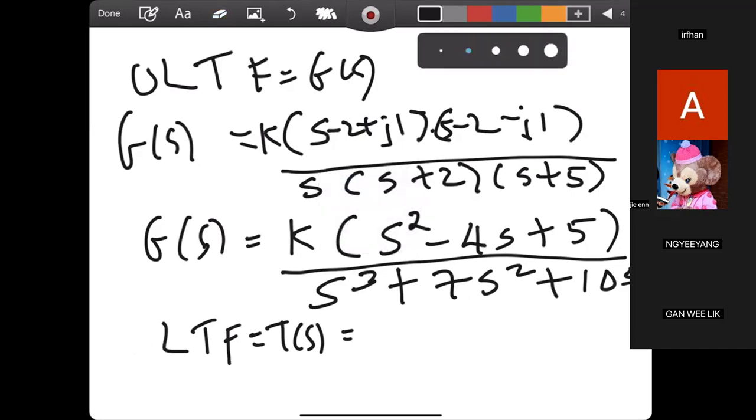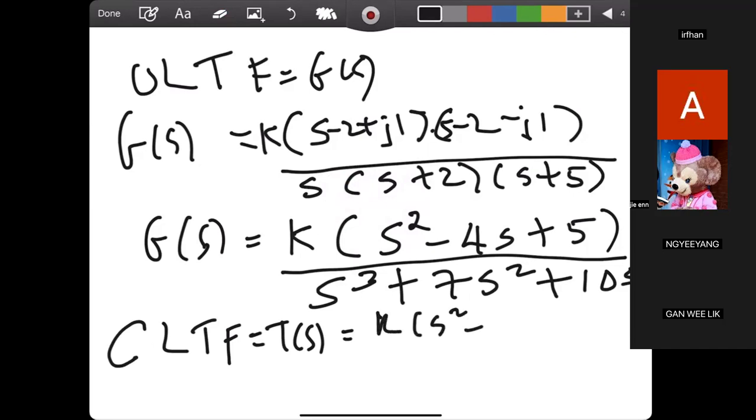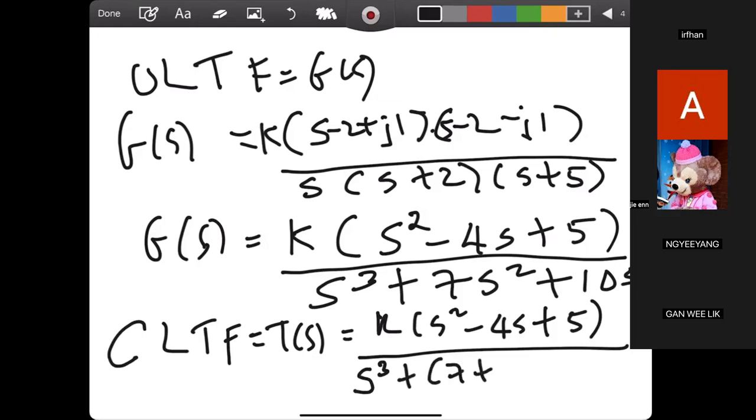The upper one, and then divided by s cubed plus 7s squared plus 10s, plus s squared minus 4s plus 5.